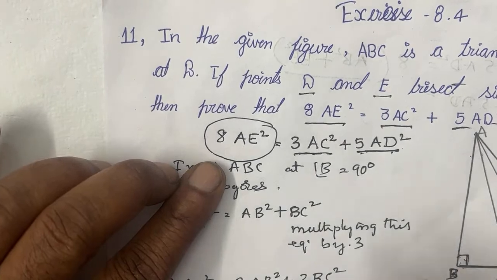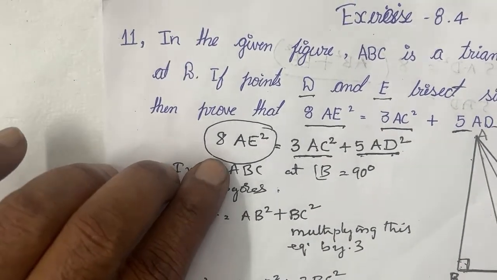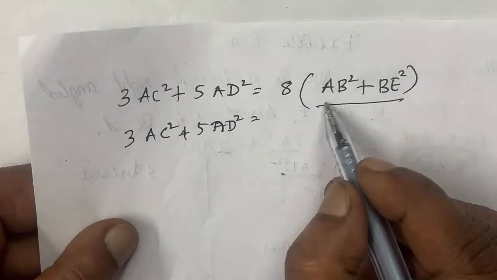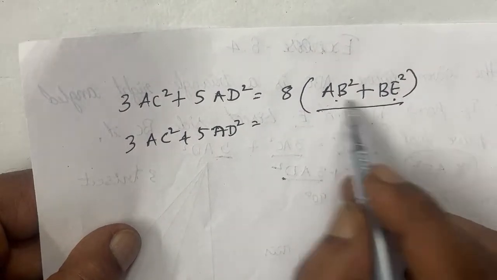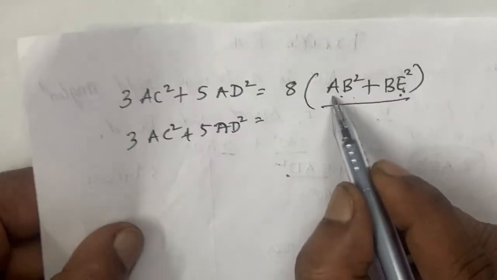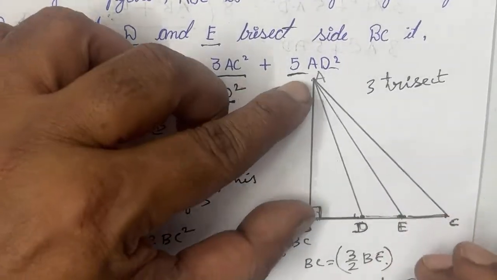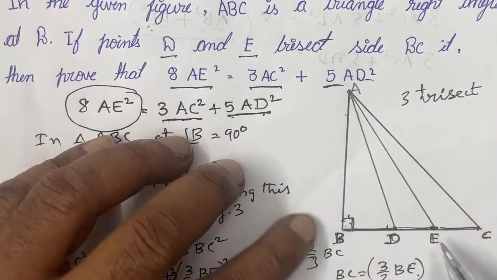So how will we get it? In the equation we got, you can see AB square and BE square. AB square plus BE square, what will we get? Concentrate here: in the figure, AB square is this one and BE square is this one.